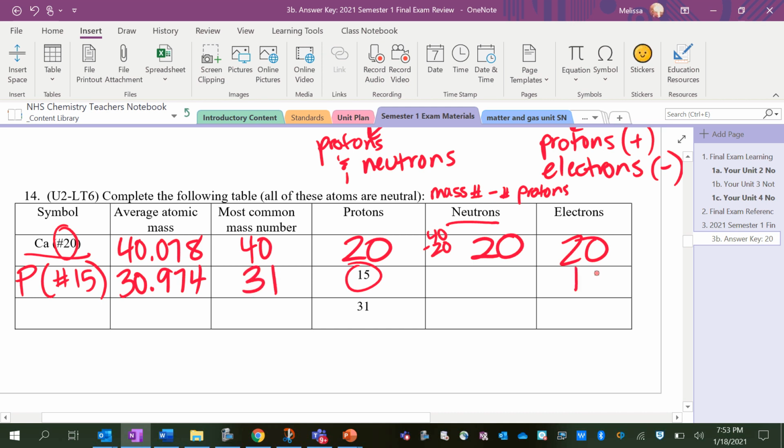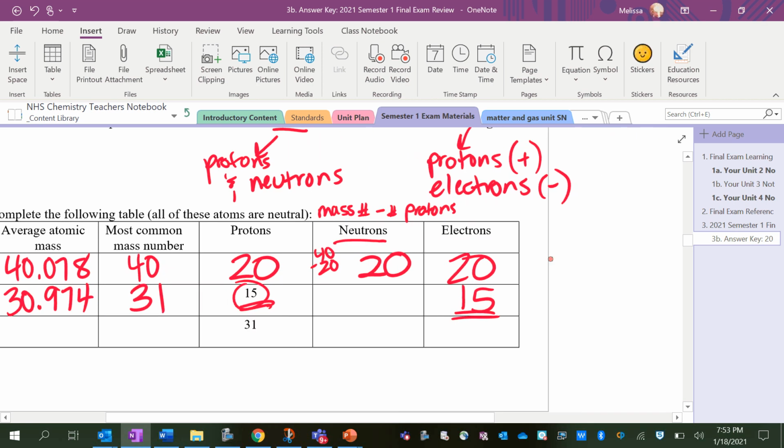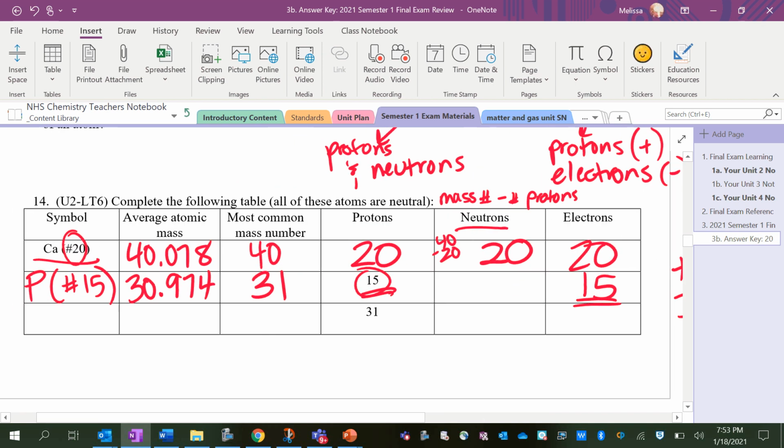So it also has 15 electrons because electrons match the number of protons if it's neutral, which makes sense because positive 15 plus a negative 15 equals 0. And then to get neutrons, we're going to take our mass number minus our number of protons, and that's 16, because the protons and the neutrons contribute to the mass.